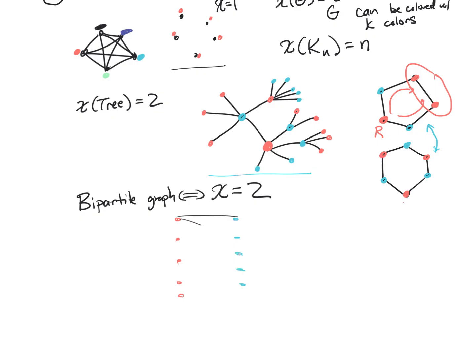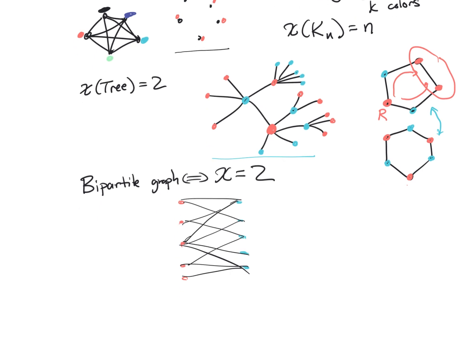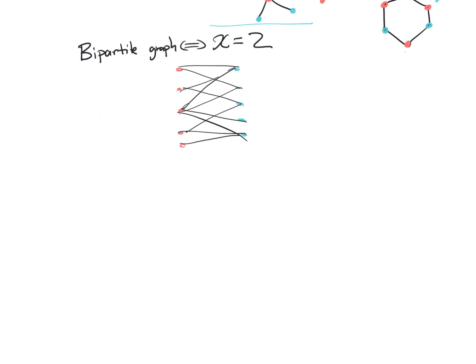And then there are some edges, and here there's a lot of flexibility. The important thing is that there's no edges over on these sides. All the edges just cross from red to blue. Okay, so you get a lot of graphs that way.